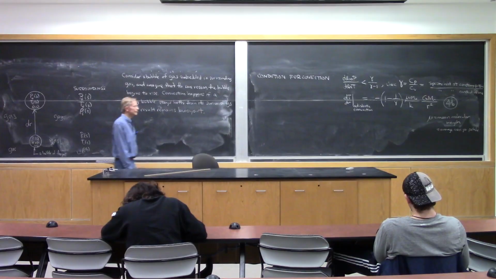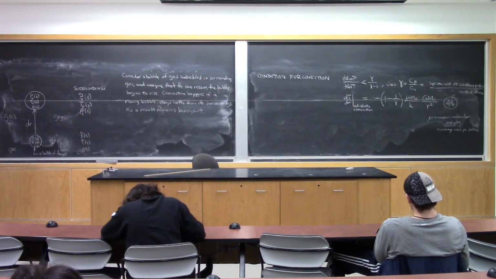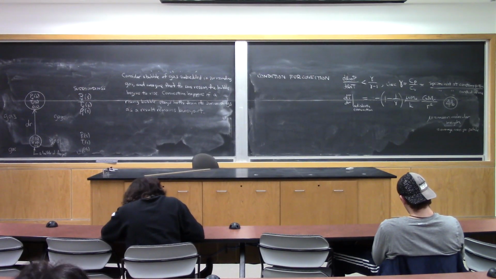That's what we'll need. It needs to be buoyant. It will need its density to be less than the density of its surroundings, and that will make it buoyant, and then it'll keep on rising.